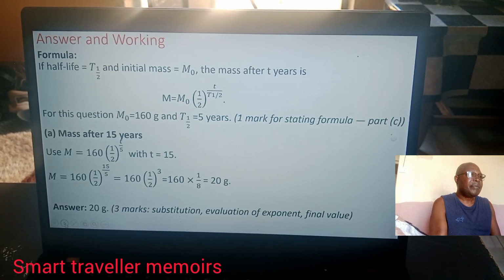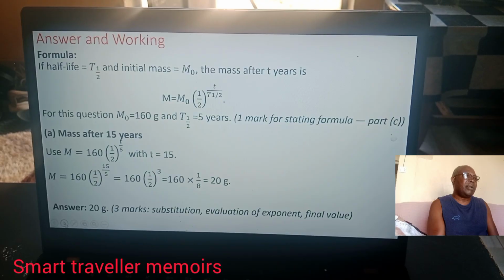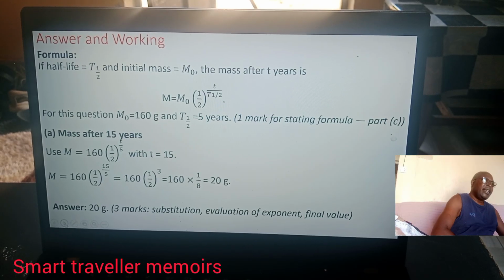A, mass after 15 years. Use m is equal to 160 times a half raised to t over 5, with t equal to 15. m is equal to 160 times a half raised to 15 over 5, which is 160 times a half raised to 3, that is 15 divided by 5 is 3, which is equal to 160 times 1 over 8, because a half cubed is 1 over 8, and the answer simplifies to 20 grams.